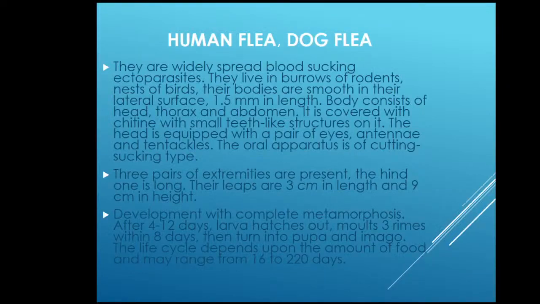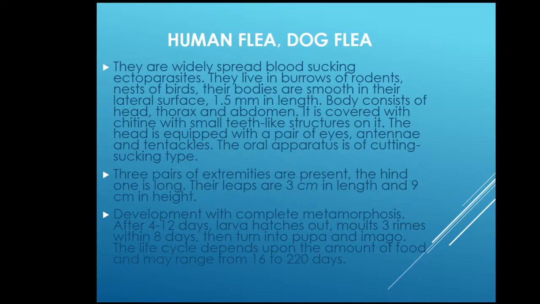So human flea, dog flea. For fleas, food specialization is absent. The hungry flea can suck blood of people and other animals. Mostly, fleas live in burrows of rodents and nests of birds.